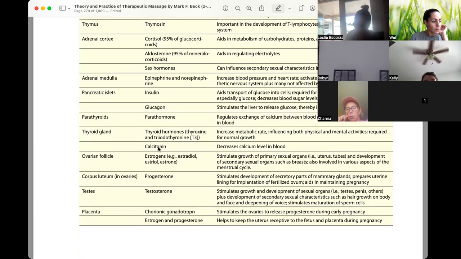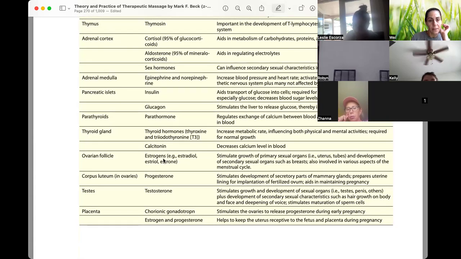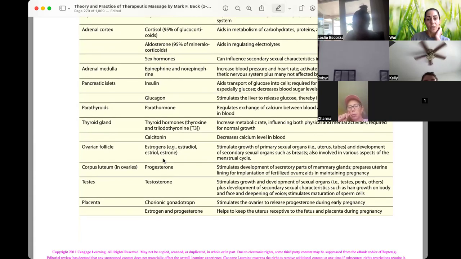Alrighty. Next, the thyroid gland itself. You've seen a lot of people with thyroid issues, right? Hyperthyroidism, hypothyroidism, all that stuff. It has mainly to do with our body's metabolism, how we regulate our temperature, our physical activity, all that.